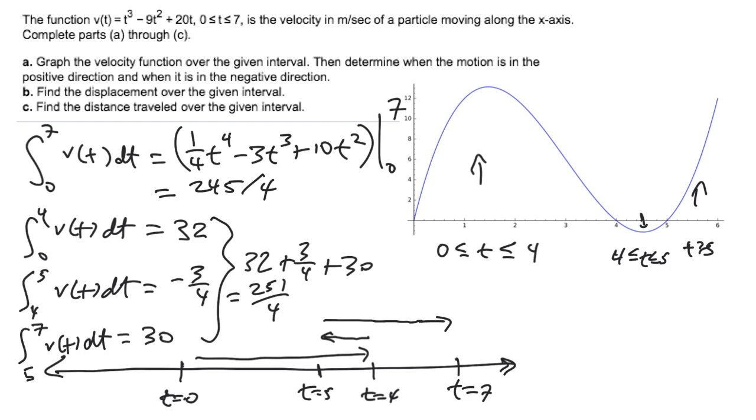If you're backtracking, the displacement will be smaller than the total distance traveled. The really extreme example of that, of course, is if you run half a mile down the road and half a mile back, you will have traveled a total distance of a mile, but your displacement will be 0 because you end up back where you started from.